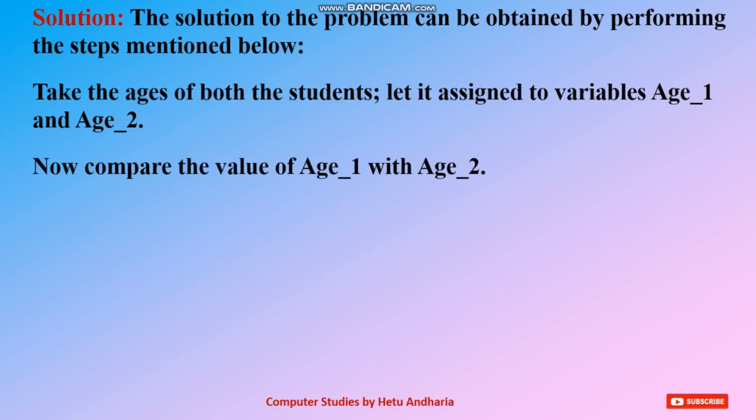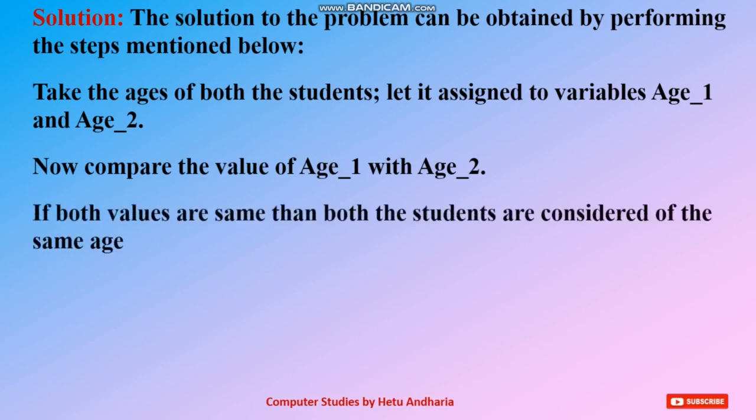Next step, now compare the value of age 1 and age 2. Now see, there will be three types of outputs here. Till now the problems which we had solved had a single output each time, while here we will have three outputs. The first possibility could be that the age of both the students is the same, isn't it?